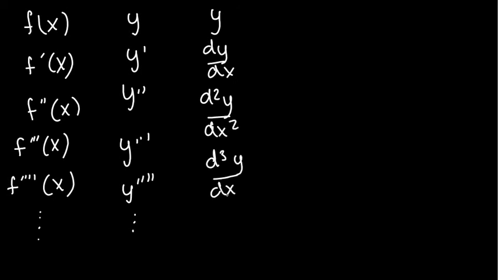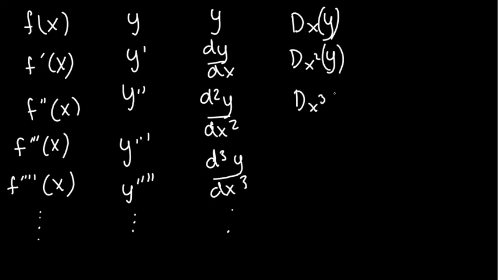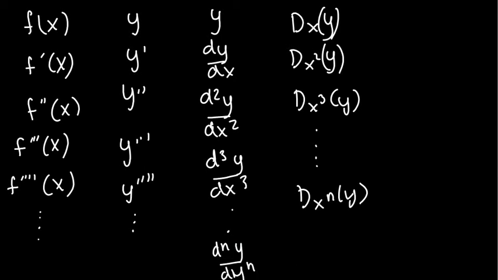And then you can have d/dx of y, d squared/dx squared of y, you can put the y in parentheses, d cubed/dx cubed of y, and so on to d/dx to the nth of y. This is d^n y over dx^n. So these are different ways of writing the different derivatives.